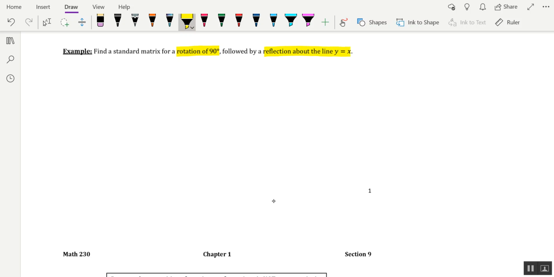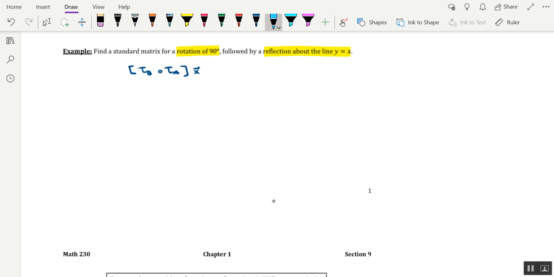So here what we want to do is figure out what this matrix is. Let's write capital T sub b, circle T sub a. And recall, if you were to use an input vector, let's say we wanted to multiply this by an input vector x, you want to think backwards here.